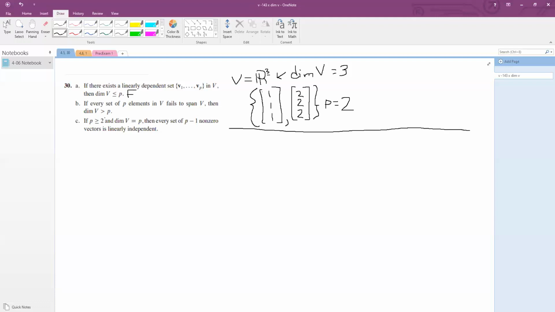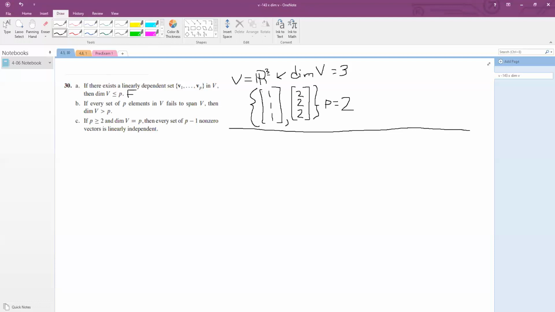It should remind you of thinking about bases and the idea of having a basis set of vectors that spans the vector space. Essentially, you are guaranteed that you have at least one basis that spans your vector space and has the exact number of vectors in it as your dimension.